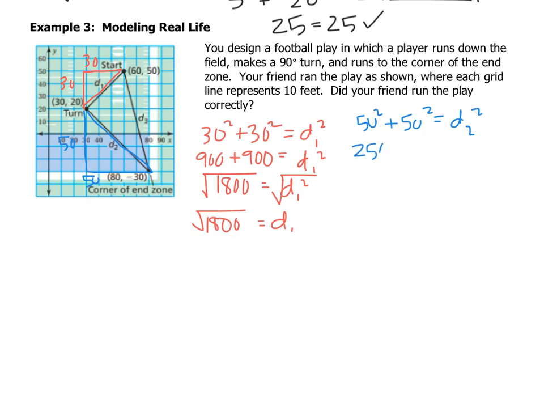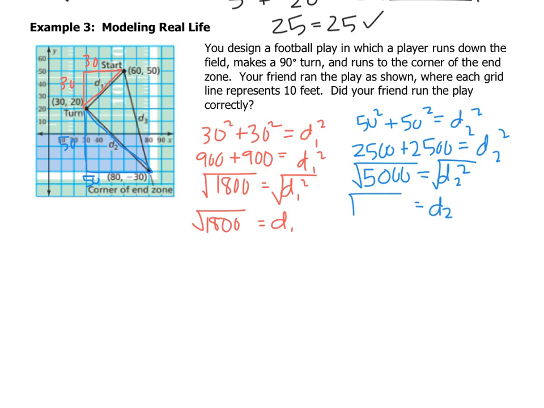So that's 2500 plus 2500, that's 5,000. And again, 5,000 is not a perfect square. So I'm going to leave it as the square root of 5,000.